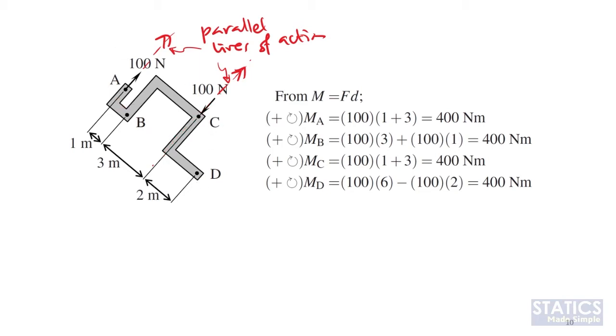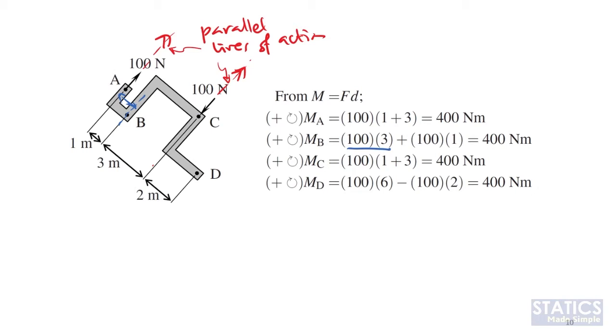Now, if we consider another point B, both of these 100 Newton forces will create a moment at point B. For the first 100 Newton force, the perpendicular distance is equal to 1. So we have 100 times 1 Newton meter, and the rotation is clockwise, so it should be positive. This is the first part.